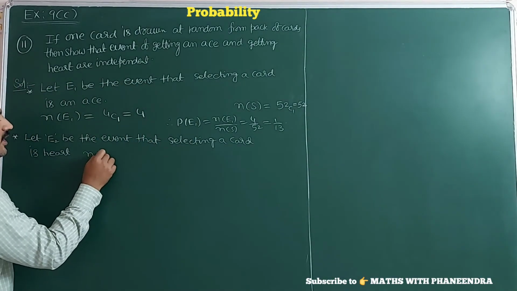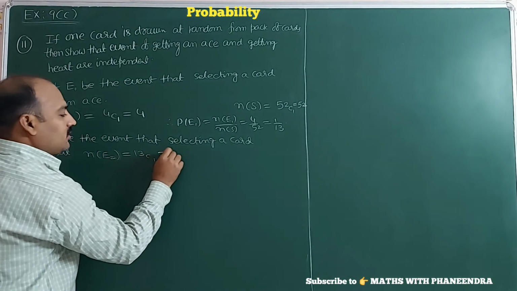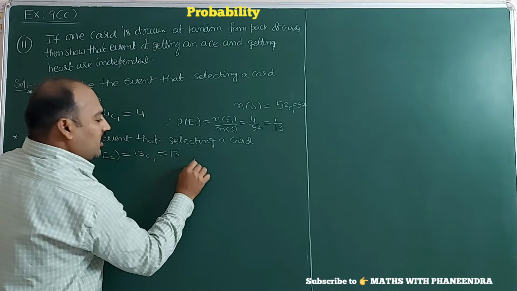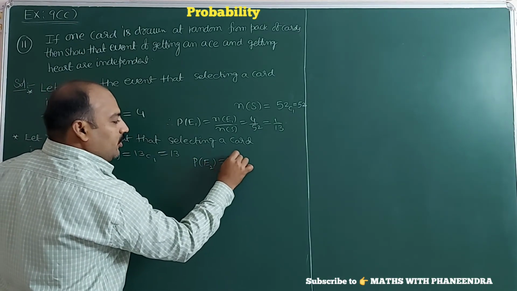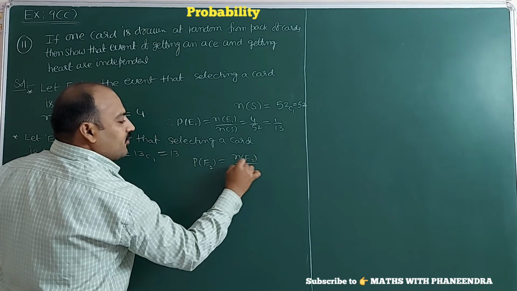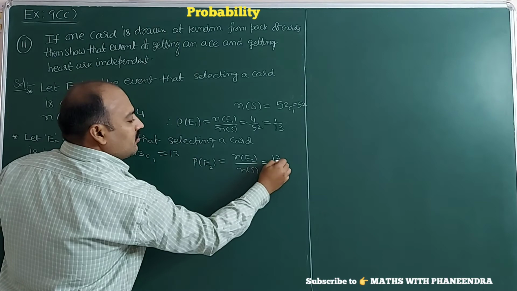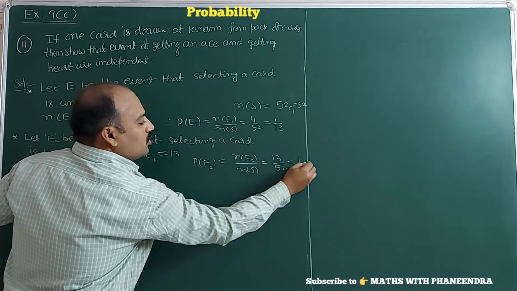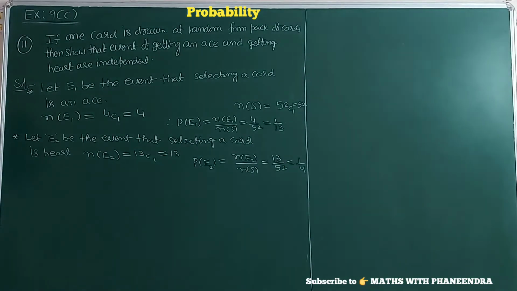Therefore it can be done in 13C1 ways, so it is 13. Therefore the probability of getting a heart card, P of E2, is equal to n of E2 by n of S, that is equal to 13 by 52, which is equal to 1 by 4.